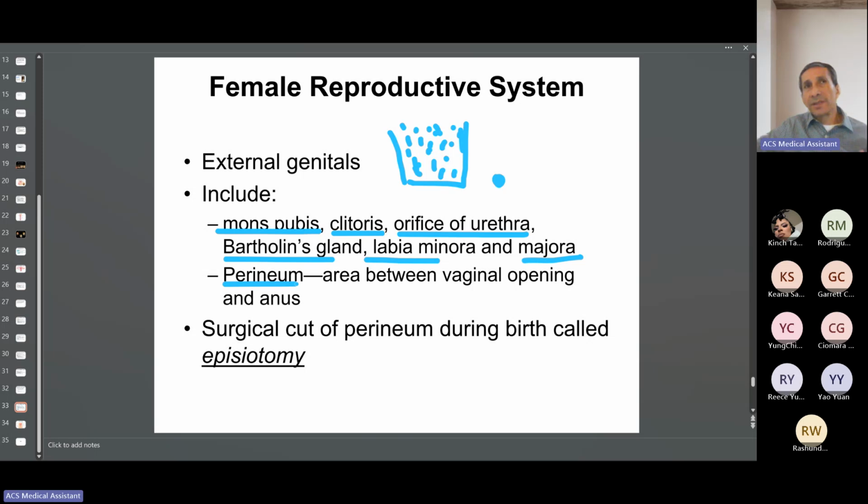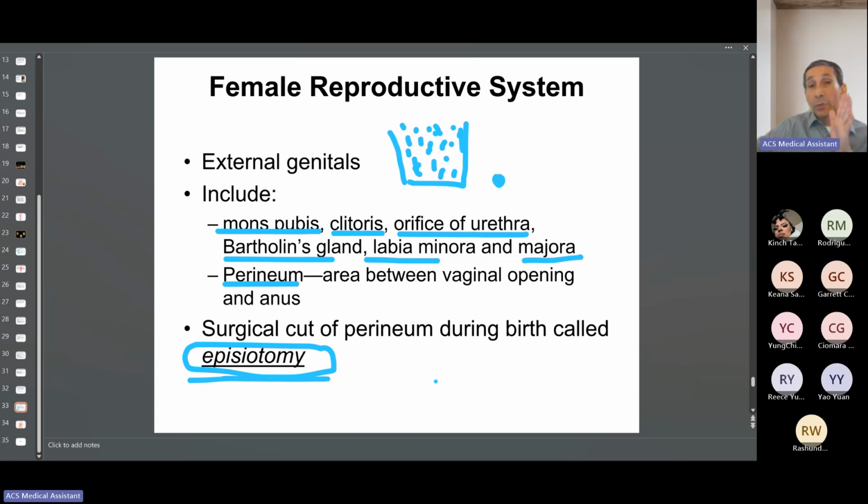Remember, this is the structure that sometimes, when the female is too narrow, the opening of the vagina is too narrow and doesn't dilate too much, so the head of the baby cannot pass during childbirth, we have to incise that, to cut that. That is called episiotomy. So write this down, episiotomy.